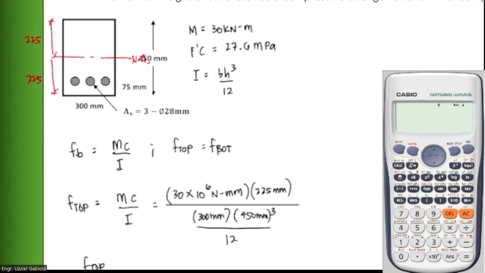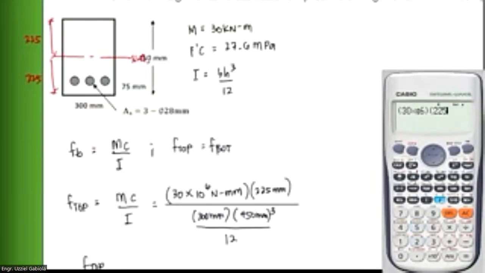Okay, so let us try to encode this. We have 30 times 10 to the 6 times 225 all over our value of 300 mm times our 450 height cubed all over 12.